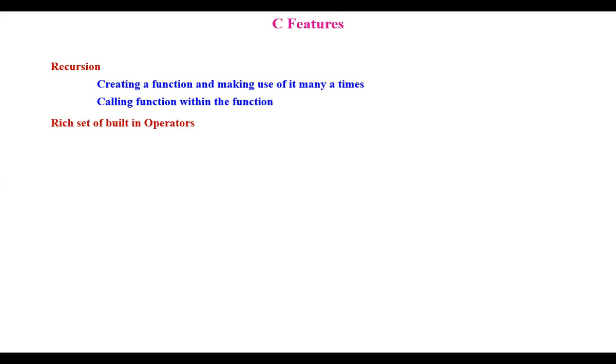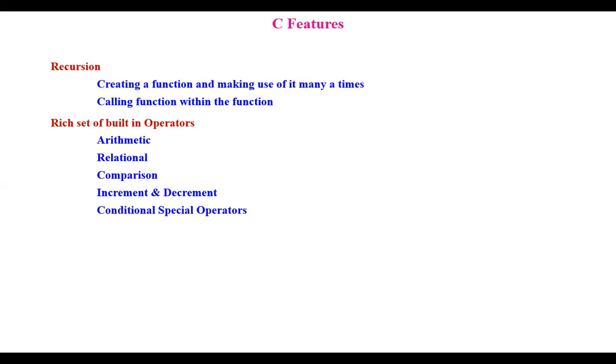Rich set of built-in operators. Built-in operators are already available. Operators are many, and we can use them for arithmetic operations, relational operators, which means comparison, whether one is bigger or smaller, and increment and decrement, when you want to add something or decrease something, right?